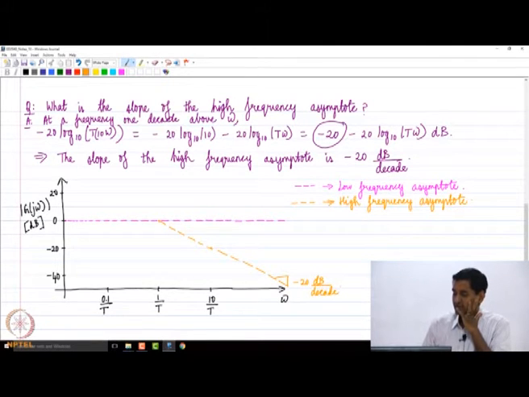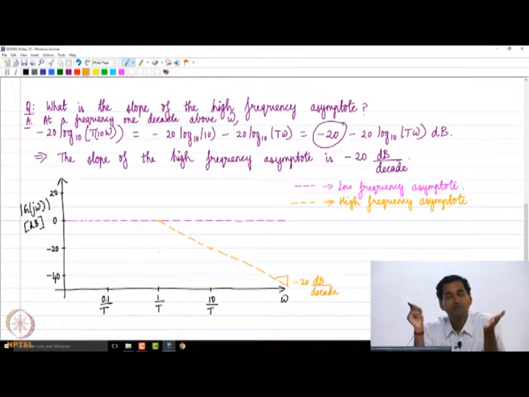Now both of them intersect at 1 by capital T. For drawing Bode plots by hand, as far as problems in your homework and exams are concerned, you need to only plot the asymptotes, and use the asymptote curve as your approximation of the Bode plot for that particular factor.